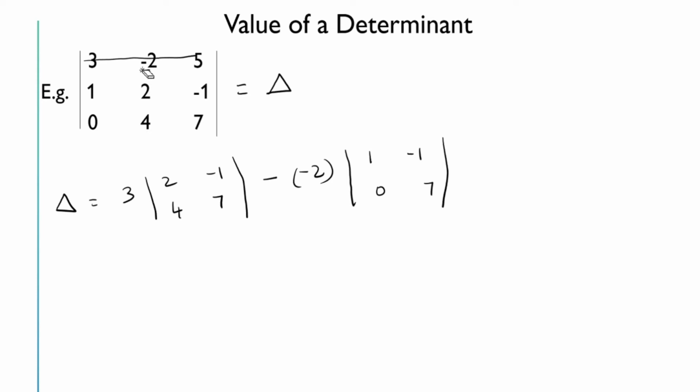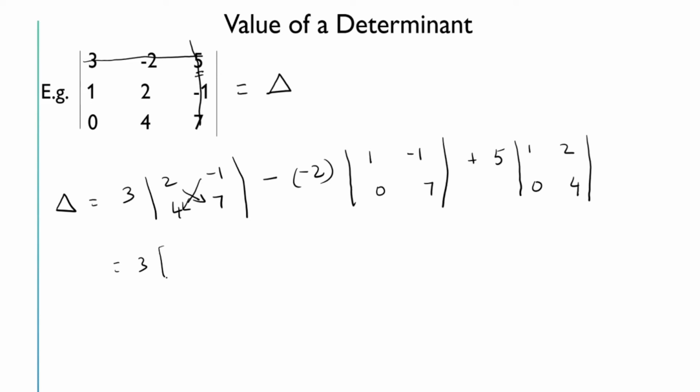Then we have to take this element, that is A13. So plus 5 into, we have to delete the row and column of this element and take the determinant of the remaining elements. So 1, 2, 0, 4. So this is equal to, now we know how to find the determinant of a 2 by 2 matrix. So we multiply 2 into 7 minus 1 into minus 4.